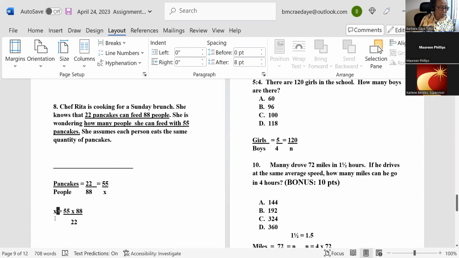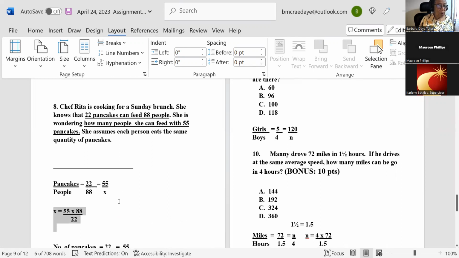Okay. So once you solve that, let's see. How many people can Chef Rita feed with these 55 pancakes?